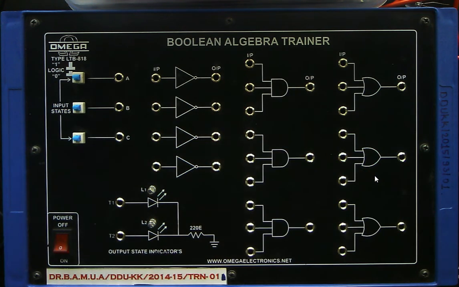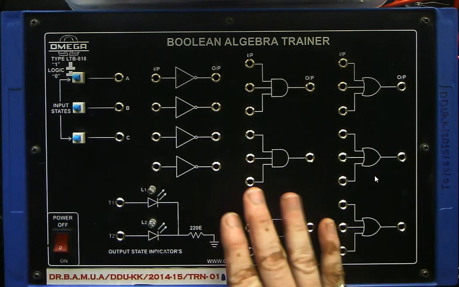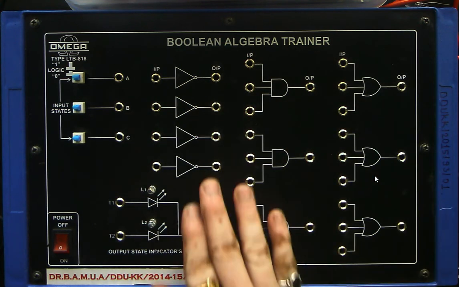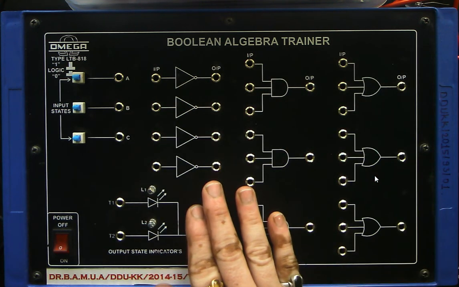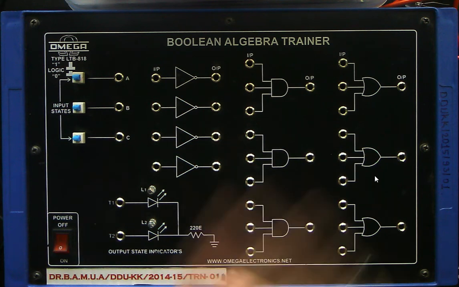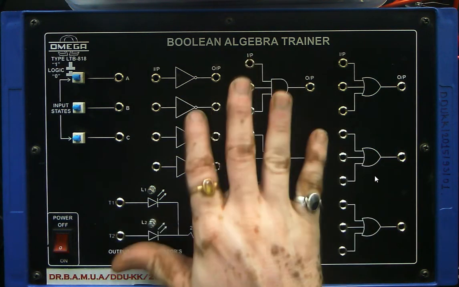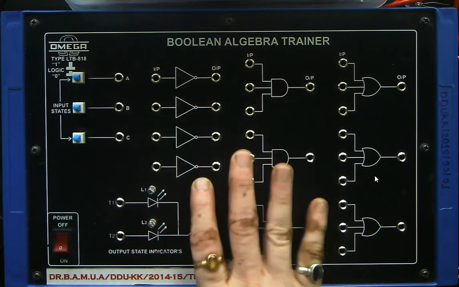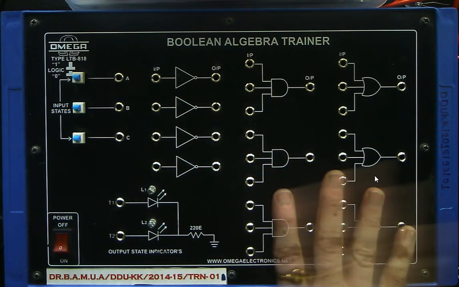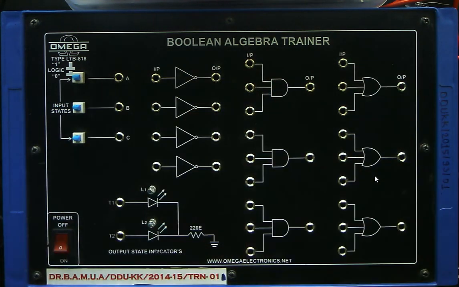Now there are definitely logic ICs that are used in the circuit as gates. Those logic ICs and their circuit are inside this trainer that we cannot see. For the sake of our understanding, only these diagrams or schematics of the gates have been given on the experimental panel.